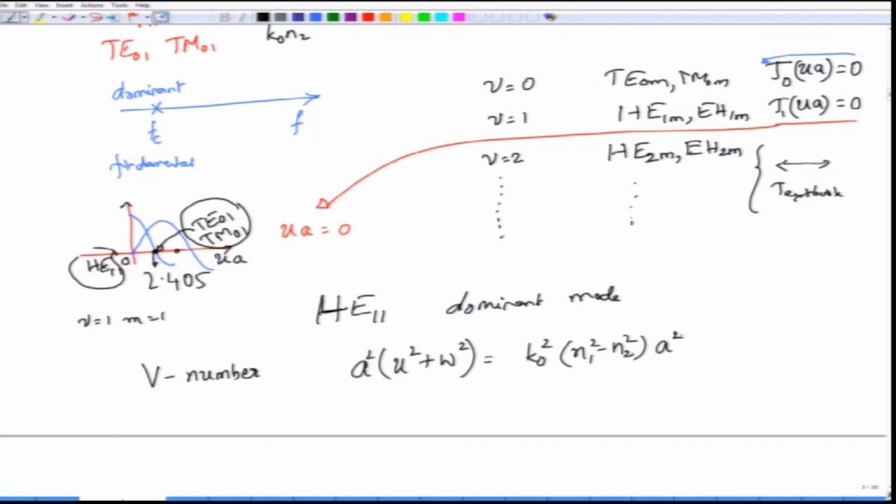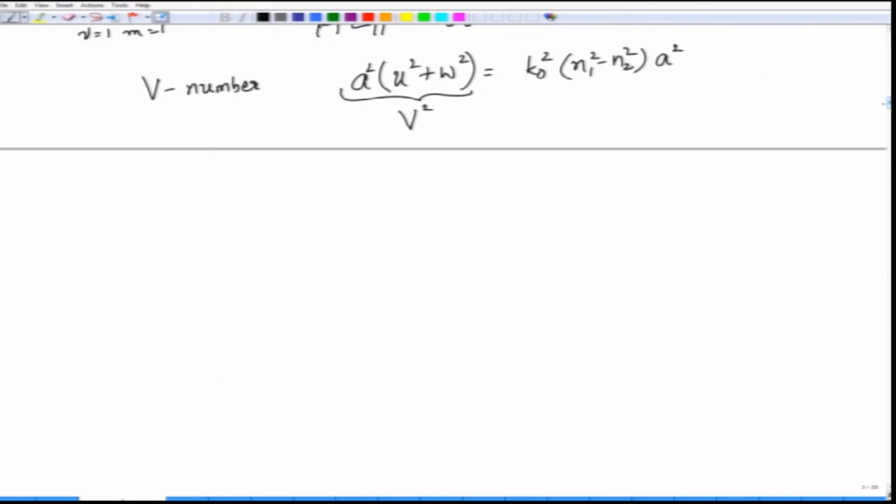Okay. So you get a square, and then call this expression as V square, so that you get V is equal to k0 a square root of n1 square minus n2 square, but I know that this square root of n1 square minus n2 square is nothing but the numerical aperture. So I can write this as k0 a into numerical aperture. Okay.